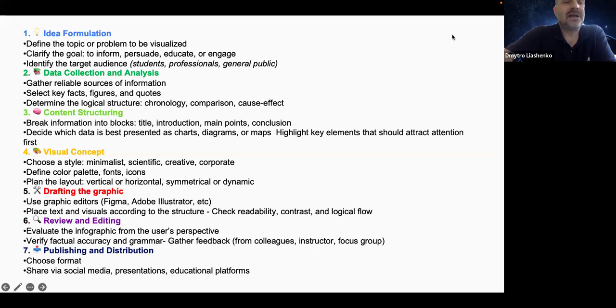We should make structure of our data, break information into blocks: title, introduction, main points, conclusion. Decide which data is best presented as charts, diagrams, or maps. Highlight key elements that should attract attention first.